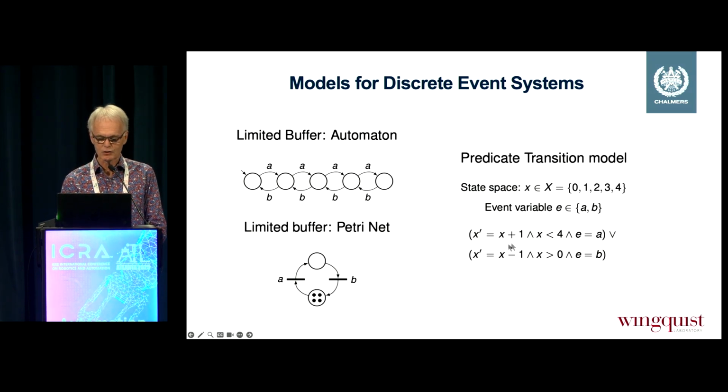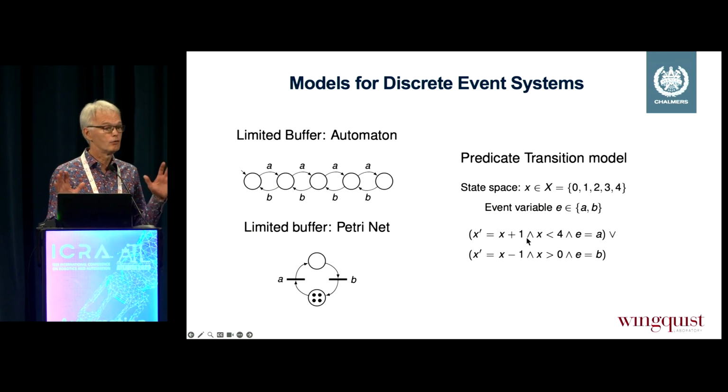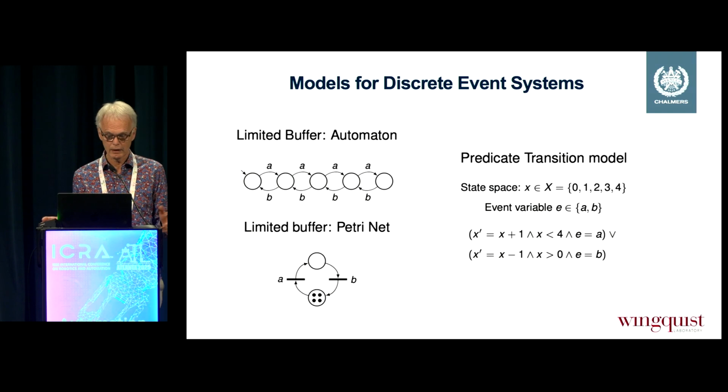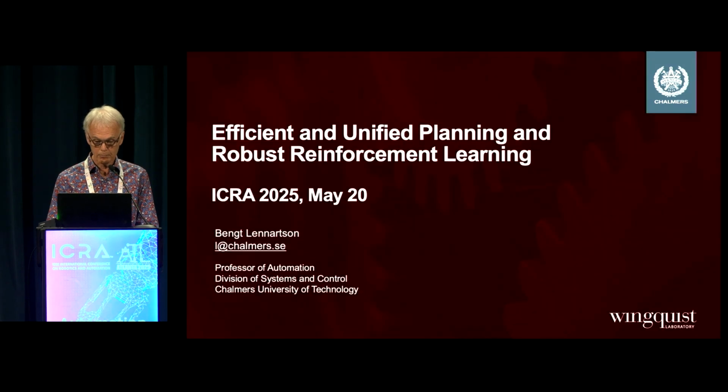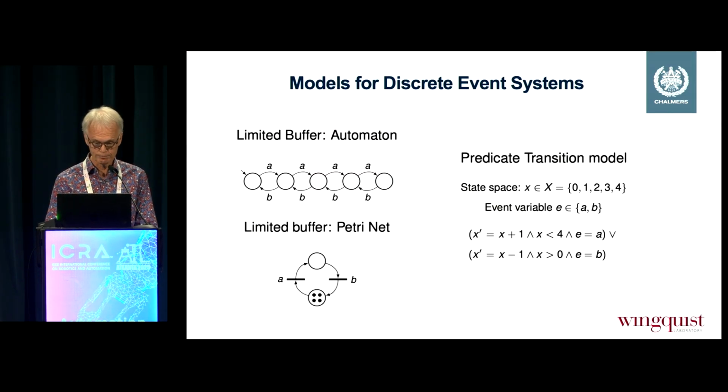These predicates describe exactly the same thing as we see here in the automata and Petri net. And the thing is that the solvers we typically use to evaluate these automata and Petri nets are based on this type of predicate transition models.